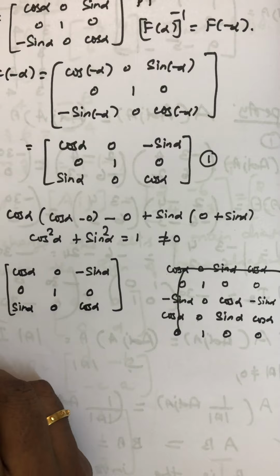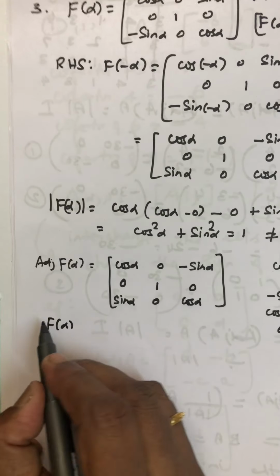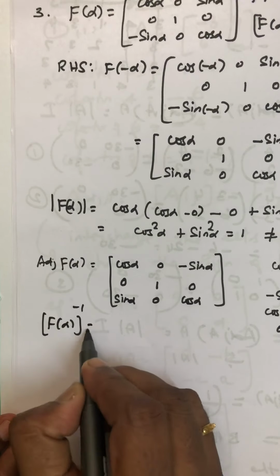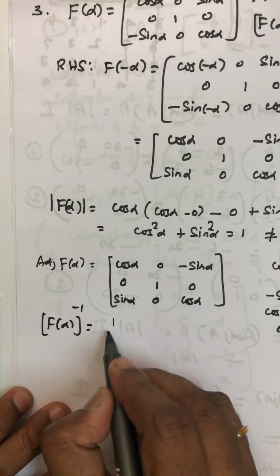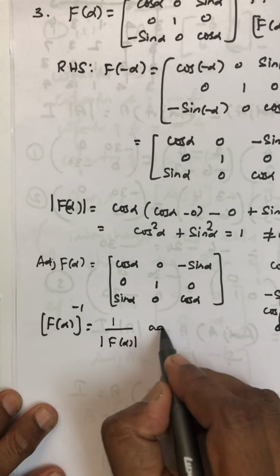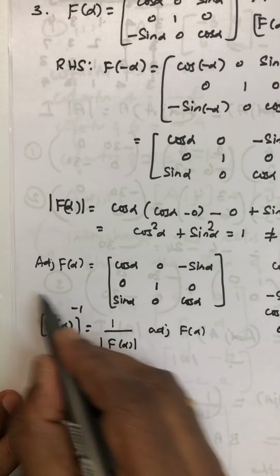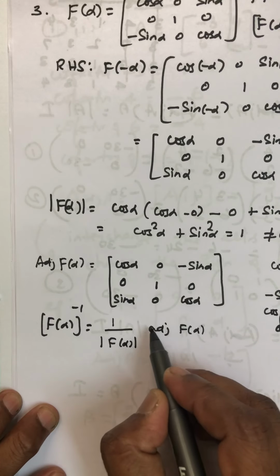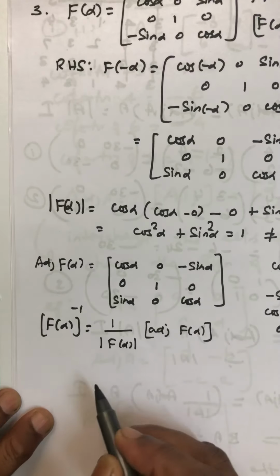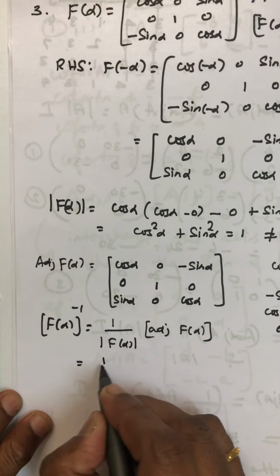So now we write down the formula: f of alpha whole inverse. This formula is 1 by determinant of f of alpha then adjoint of f of alpha. Whether you use capital letter or small letter, nothing matters. So what's the answer? Determinant of f of alpha value is 1. So it is 1 by 1.